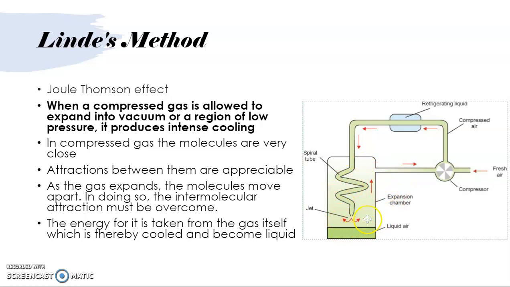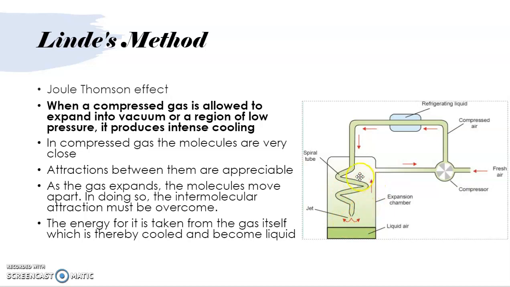Now, why is this spiral tube used? It is used just to increase the traveling path of the gas molecules so that they get further cooled by the surrounding cool gas inside the chamber, and it aids in the liquefaction of the gas.